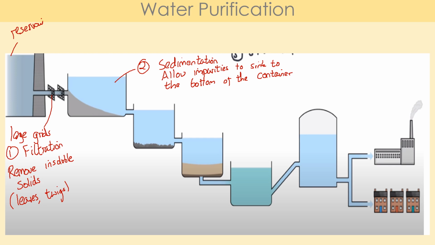These next two parts, we add chemicals such as aluminium sulfate, and that clumps any leftover impurities together.